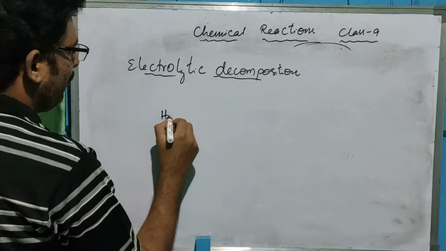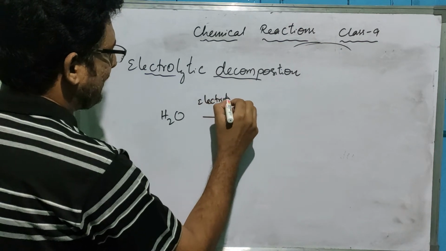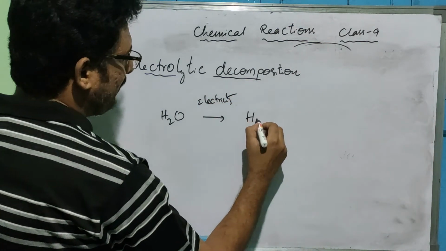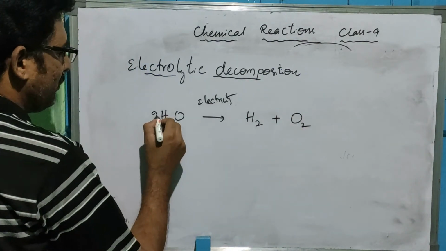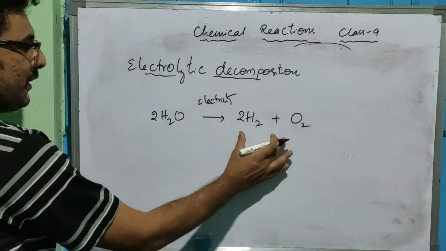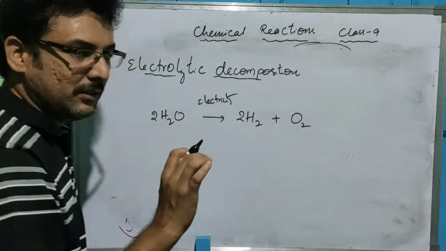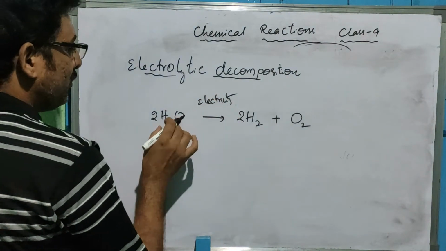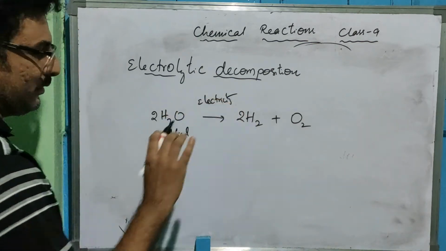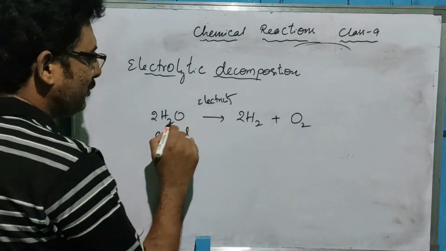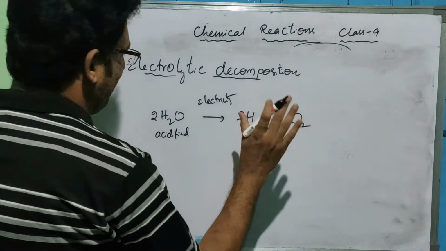For example, water can be electrolyzed: if you pass electricity through water, it decomposes to give hydrogen and oxygen. Of course, it should be acidified water.